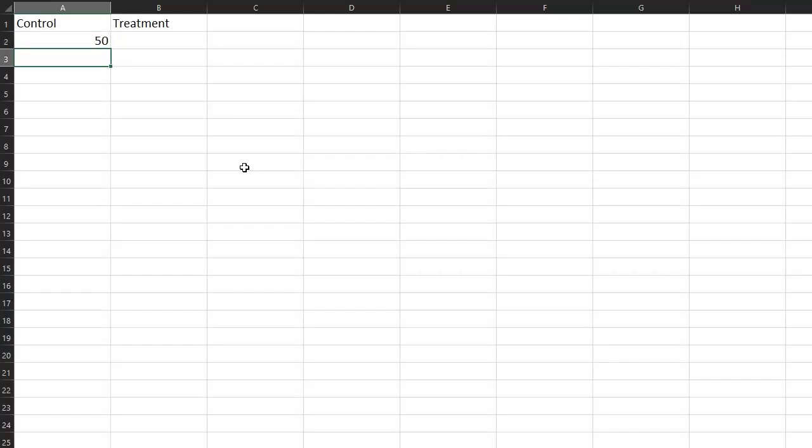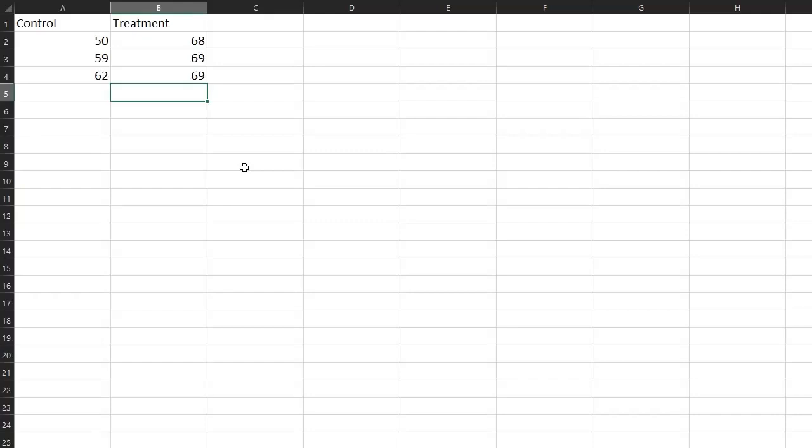And so I'm going to put in a few different scores on that test. Let's say it's out of 70 points. So here are a few scores. And let's suppose that Khan Academy actually was helping. And so as a consequence, the people in the treatment condition ended up getting better scores than those in the control condition.